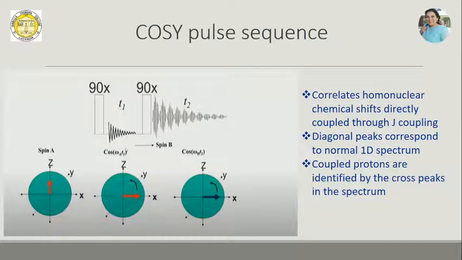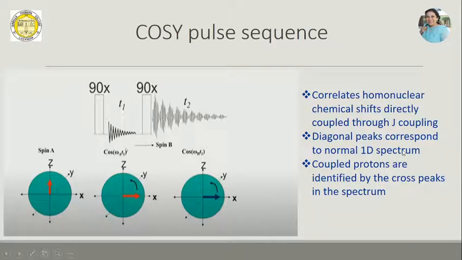Let us now talk about COSY in detail, that is correlation spectroscopy, when we have proton NMR on both the axes, and it correlates homonuclear chemical shifts directly coupled through J coupling. That means the two protons which are coupled to each other through J coupling.